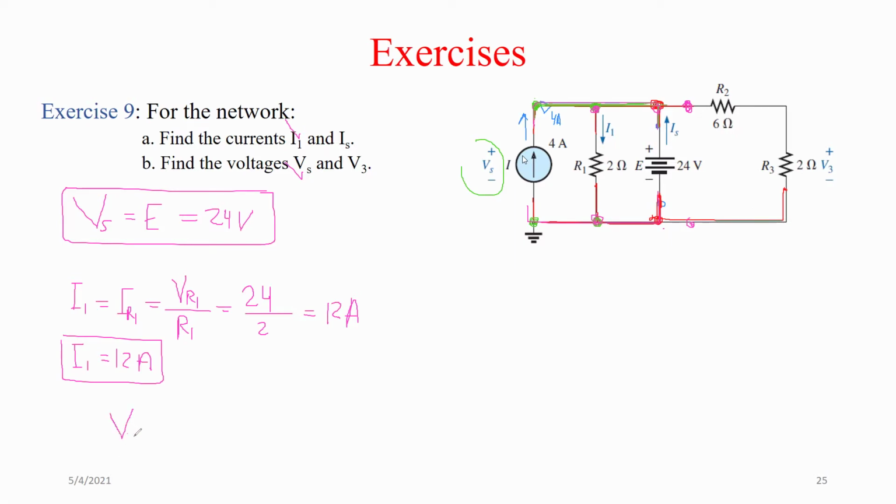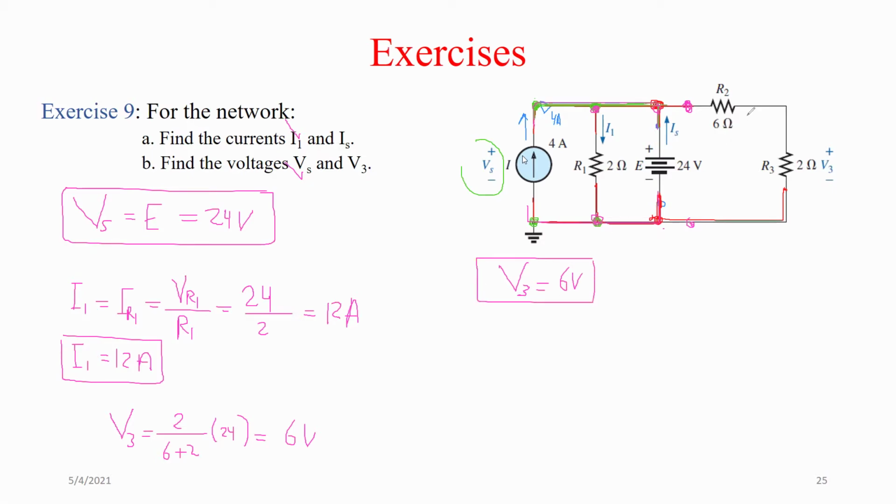So the voltage across V3 is the resistance 2 divided by the sum of these two resistors in series, so 6 plus 2, and the total voltage, 24. So this is 6 volt. So V3 equals 6 volt.